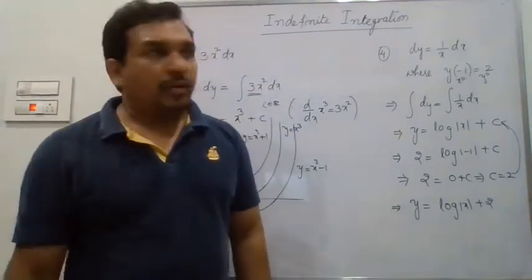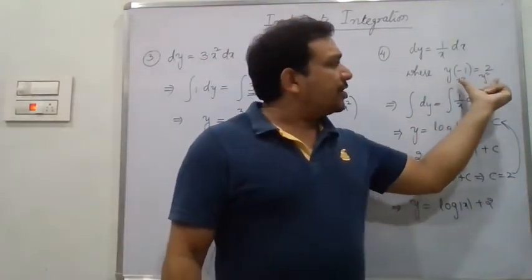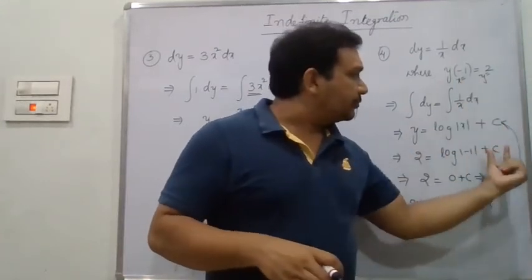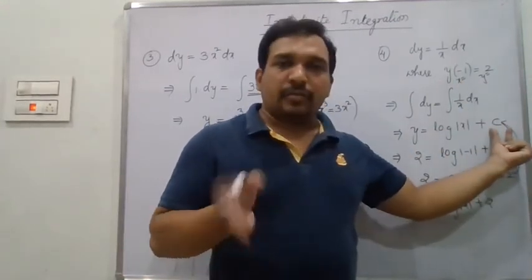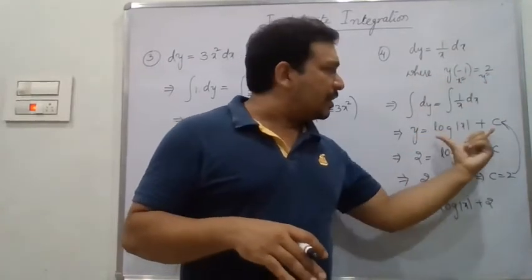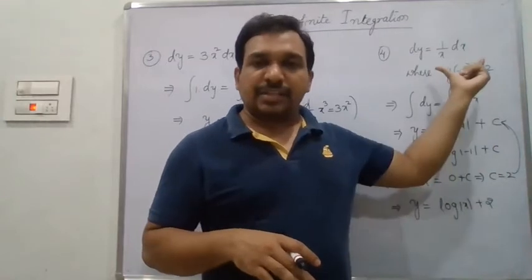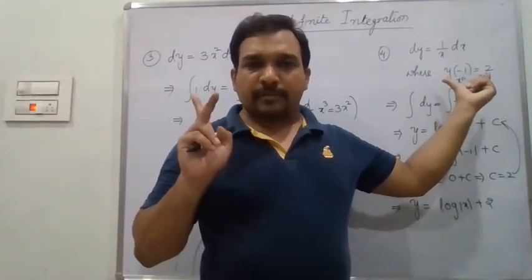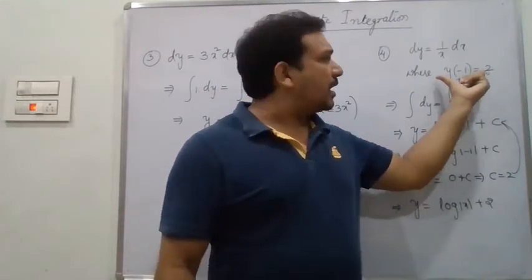So by this we know that whatever condition he gave, that condition is only to find out the c value. To find out this constant value only he gave the condition. If the condition is not given, then this is the final answer. But since the condition is given, this condition is true for only one function. Means for one c value only this condition is correct.